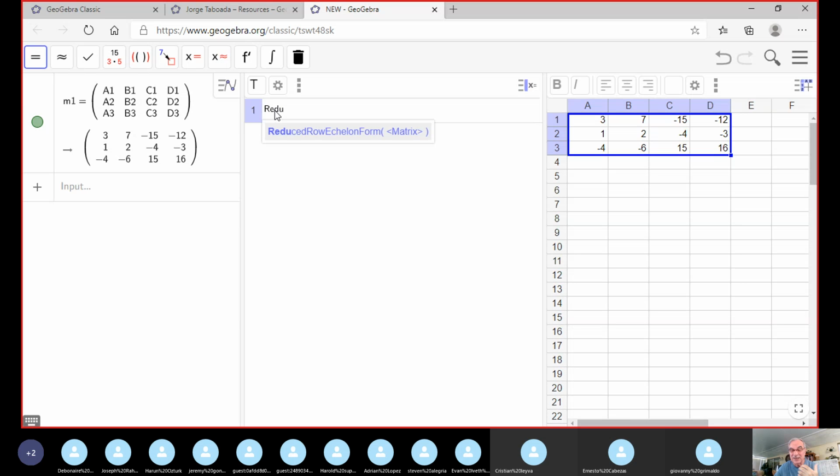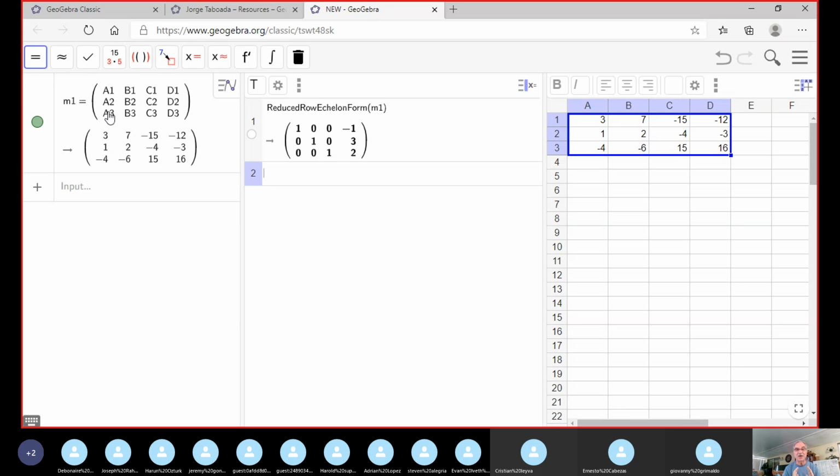This is the technical name that is normally used for the last matrix after the Gauss-Jordan elimination. And you click here. Boom. And you put the matrix you want to perform this on, which I call M1. Press enter, bang. And this is the answer, guys. We got it.